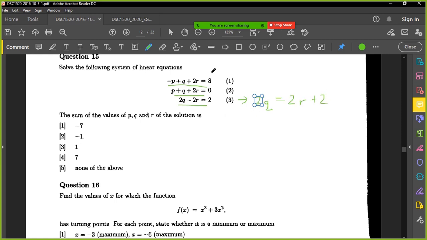Then I'm going to move the 2 also to the left-hand side, so 2Q minus 2. Perfect. Then I'll divide everything by 2, so you end up with Q minus 1. So then you've got R, and you can plug that into the second one.